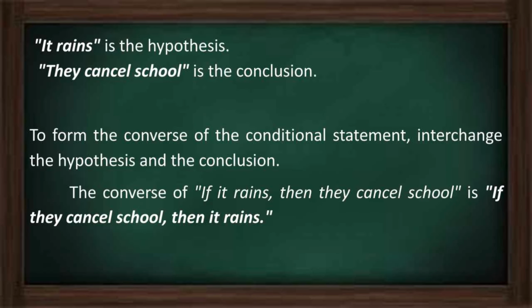Now, our hypothesis is it rains and our conclusion is they cancel school. Our goal is to transform the conditional statement into its three related statements. To form the converse of the conditional statement, interchange the hypothesis and the conclusion. The converse of the given conditional statement is if they cancel school, then it rains.